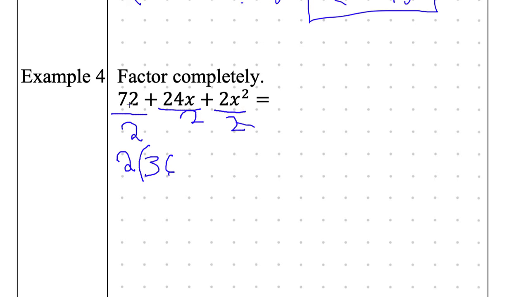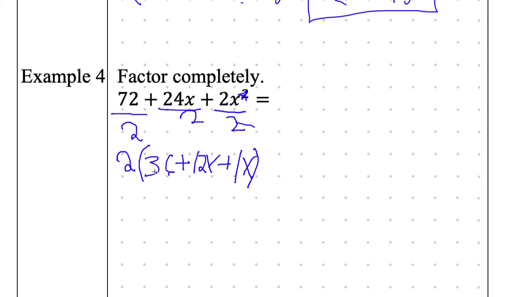36 from the 72 plus 2 divided by 24, which would be 12. And you keep the x. And then you take the square root of 2, which would just be 1. And you keep the x, but this 2 drops because you square rooted it.